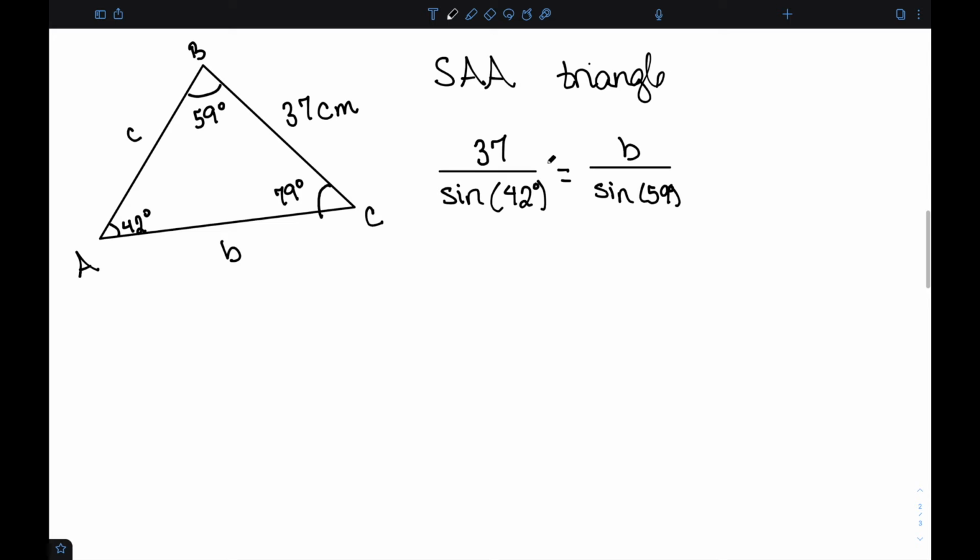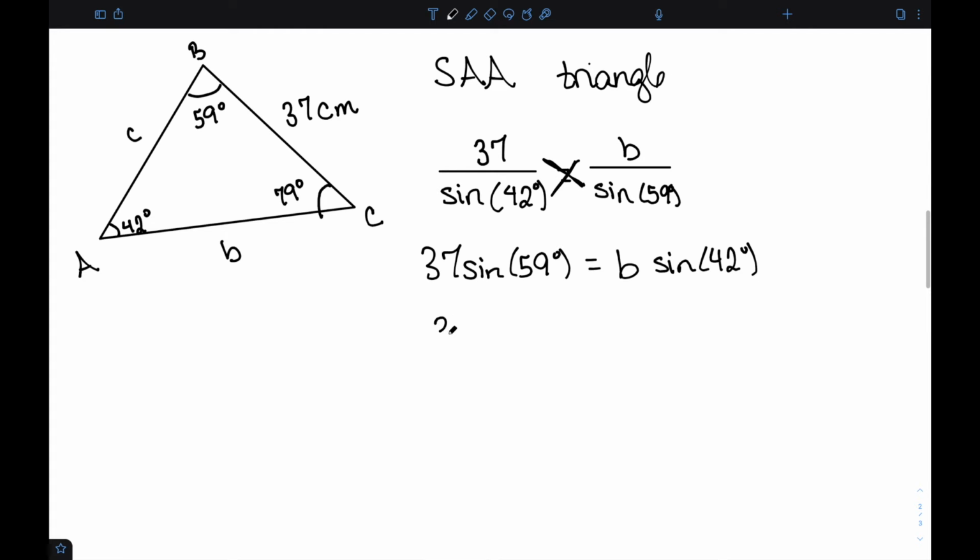We can cross multiply so that this is 37 times sine of 59 degrees is equal to b times sine of 42 degrees.